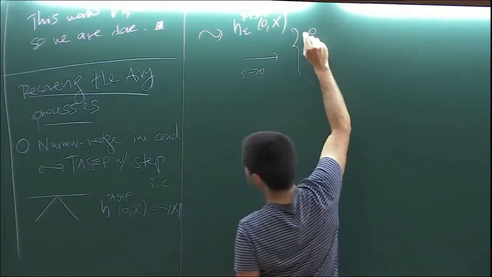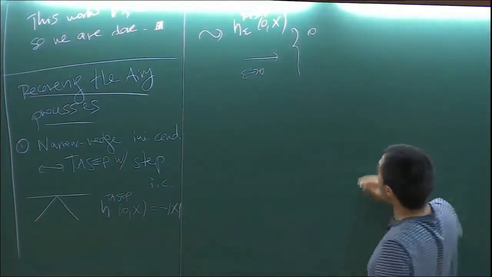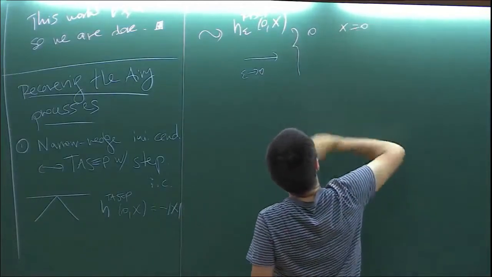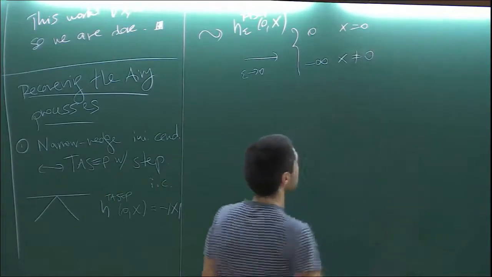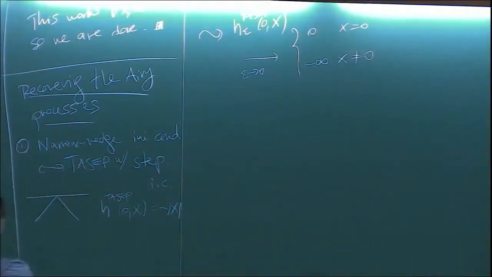It goes to 0 when x equals 0, and it goes to -infinity when x is not 0. It's just because it's doing this. And as I was saying yesterday, that's a nice upper semi-continuous function. It's in the space of functions we allow.